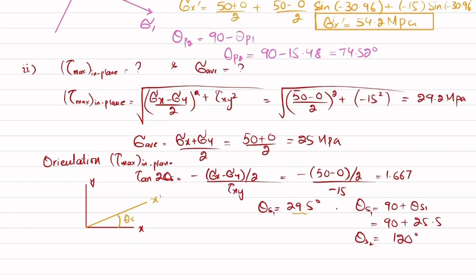So theta s1 is 29.5 degree and your y dash will be this one. Clear? And if you draw the element, let me draw it. If you draw this element like this, clear?